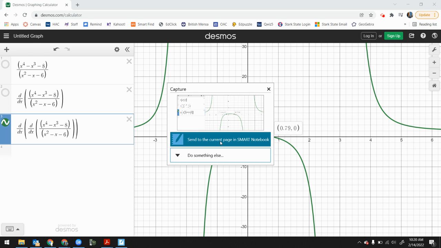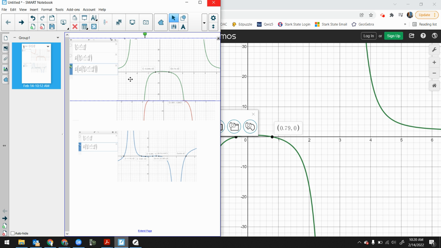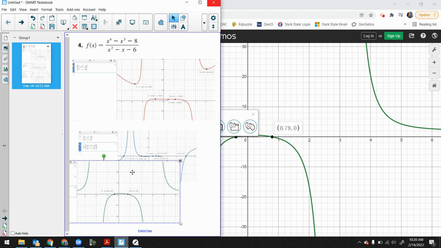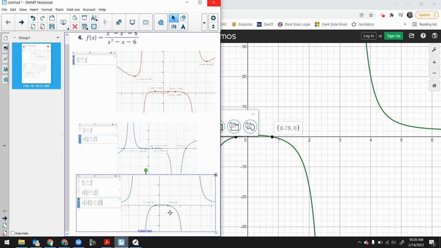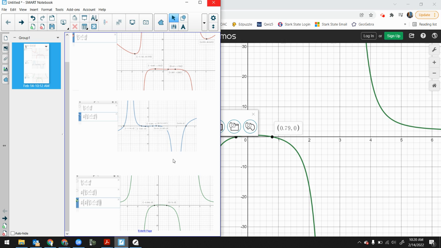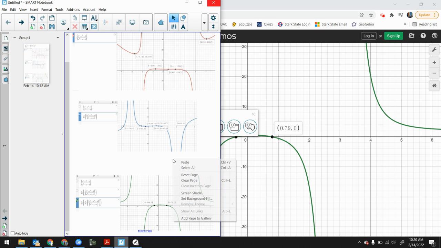And send to current page. Okay, so all that was just to get all of the important pieces on the screen.